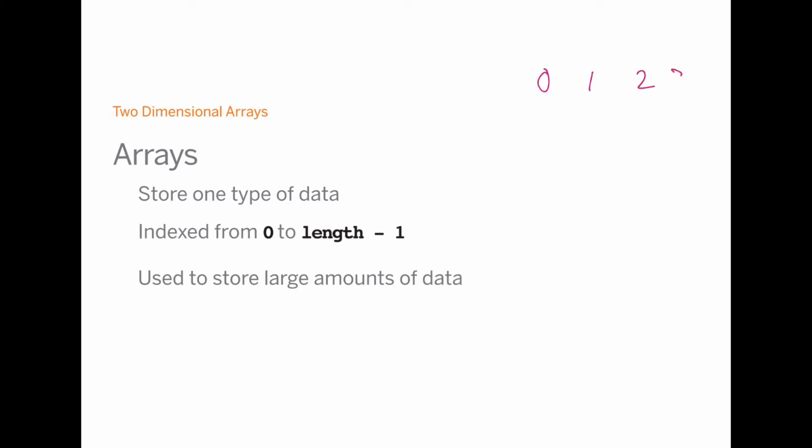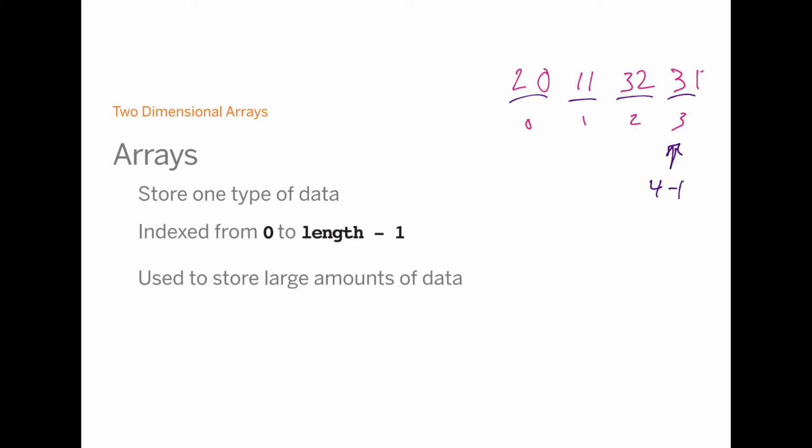So here we have an int array of 20, 11, 32, and 31, where our index values are 0, 1, 2, and 3. My length is going to be 4 because there are 4 numbers in it, right? 1, 2, 3, 4. So our array goes from 0 to 4 minus 1, which is 3. That's a quick refresher on arrays.